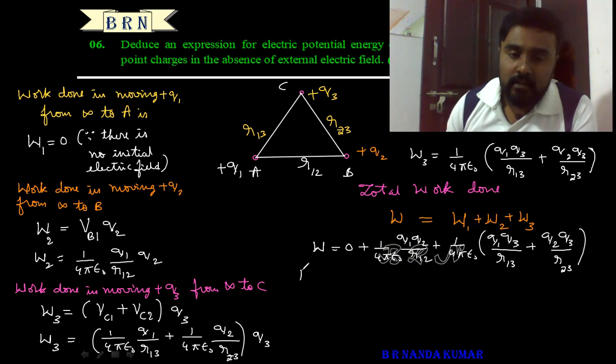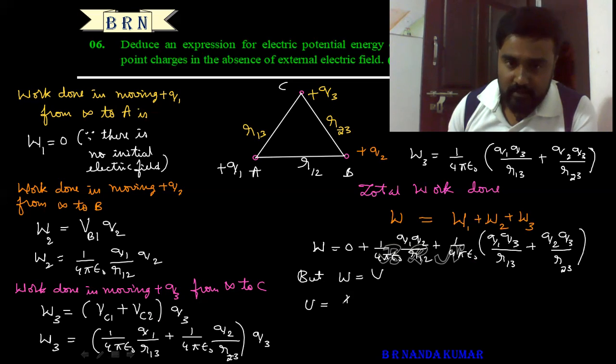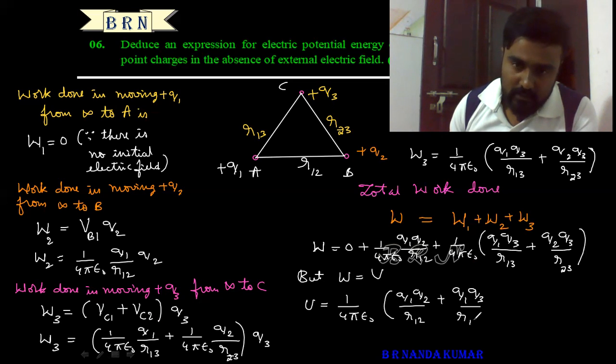And again, total work done is stored as potential energy. Finally, U is equal to 1 by 4 pi epsilon naught, which is common, remaining Q1 Q2 divided by R12 plus Q1 Q3 divided by R13 plus Q2 Q3 divided by R23.